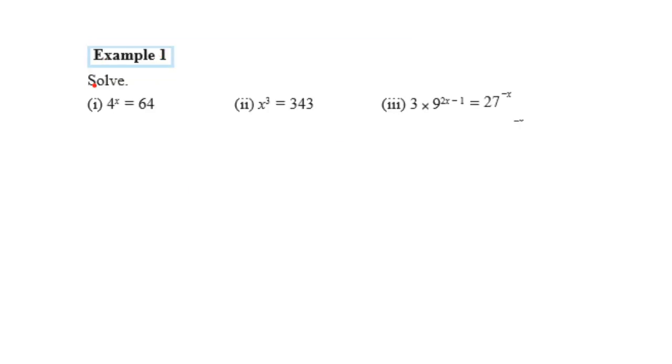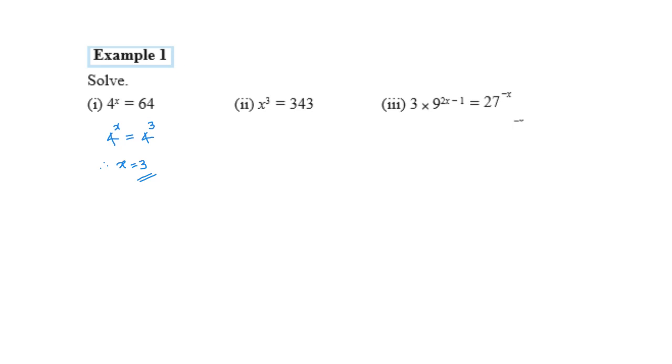Example 1. Solve. First you have 4 to the power x equals 64. 4 to the power x, you can write 64 as 4 to the power 3. So here base equal, therefore x equal 3. Indices equal.